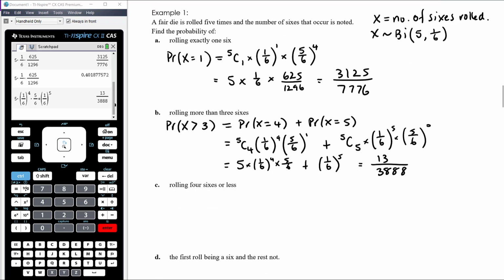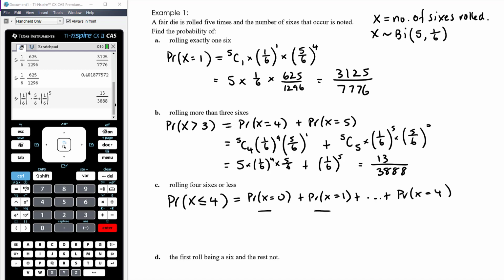Okay, probability of rolling 4 sixes or less. So the probability that x is less than or equal to 4. Okay, so we can either do the probability that x equals 0 plus the probability that x equals 1 plus all the way up to the probability that x equals 4, but that's going to require us to calculate 5 different probabilities and add them all up.